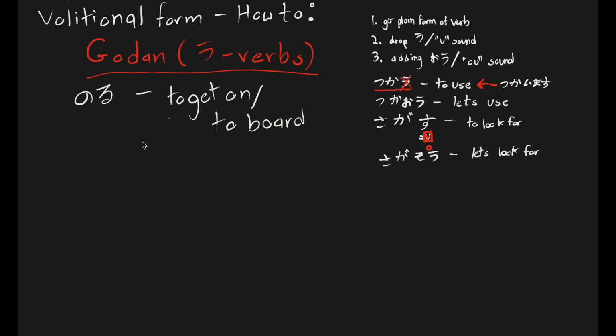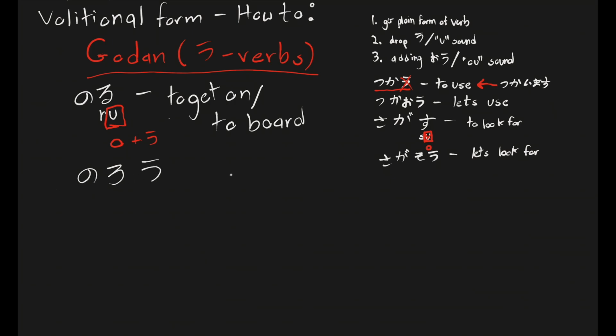So what do we do? Well, there's no u, but there is an oo sound at the end of ru. So what we do is we change that to an o sound, and then we add the oo character to the end. So that would look like noro.